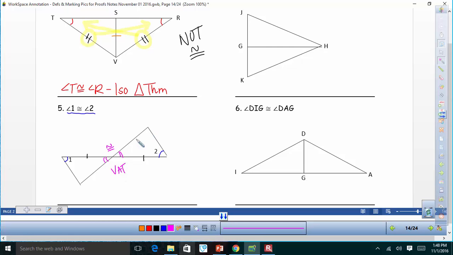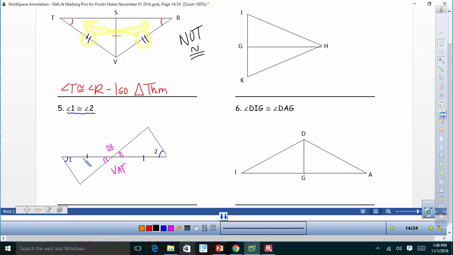Since we don't have these numbered or lettered, you can't really write what angle is congruent to what, but we'll just put VAT. Now, is there anything else that we can imply about this? Nope. In order to have that, what would we need? A transversal, but we'd also need two parallel lines. Okay? So this is all that we can see.